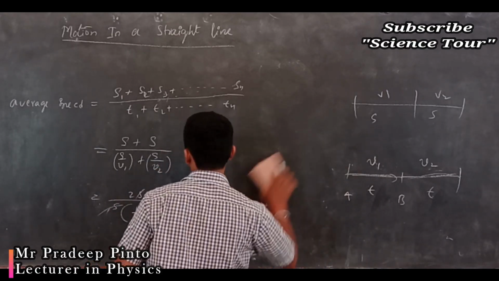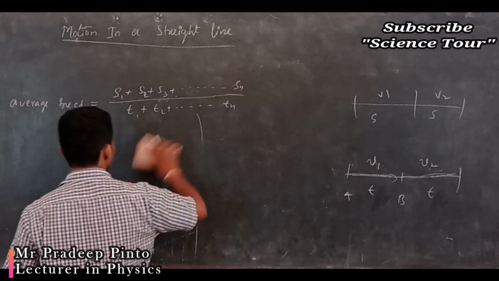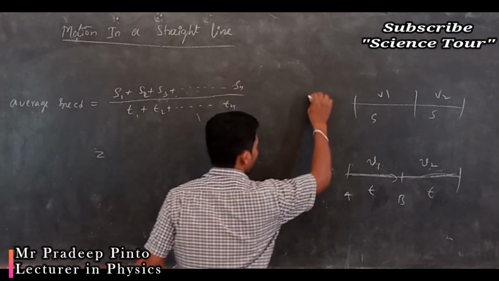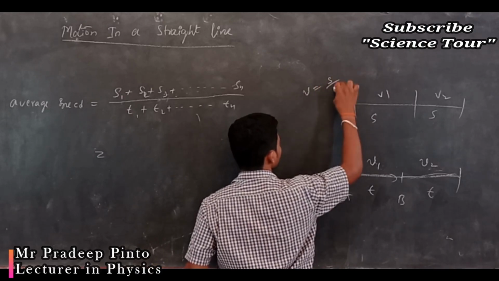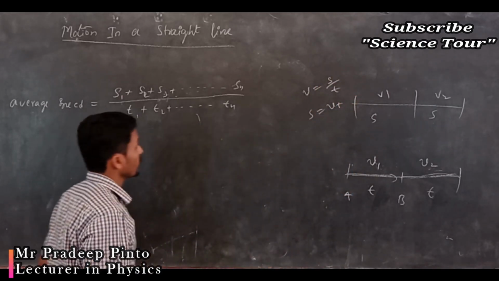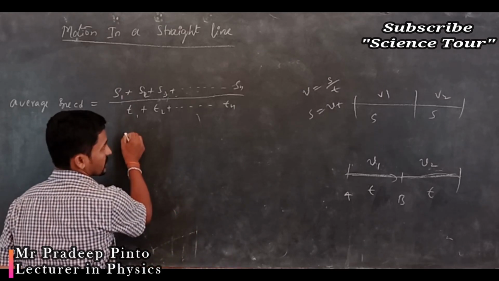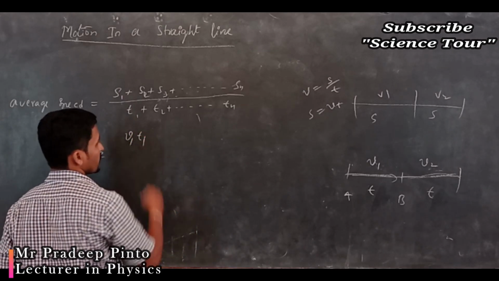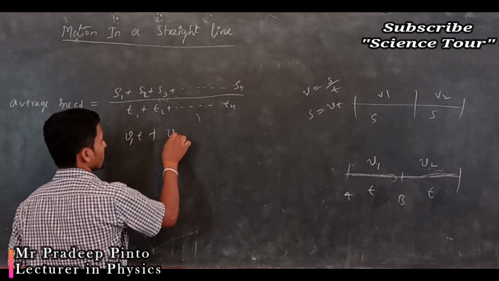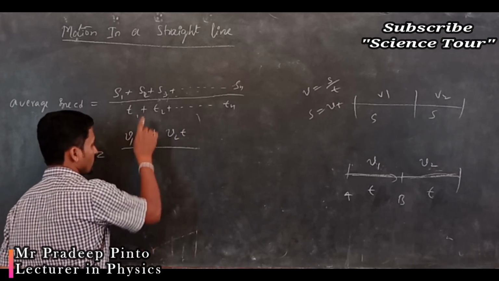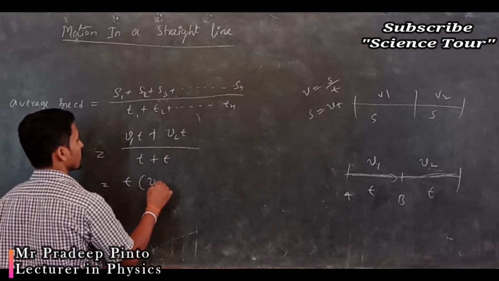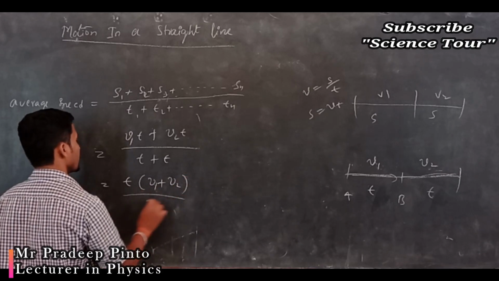How can you write that? S is not given, but velocity is equal to displacement by time, so S is equal to velocity into time. Now S1 is equal to V1 into T1, but T1 is nothing but T, plus S2 is equal to V2 into T, divided by total time T plus T, which is equal to T into (V1 plus V2) divided by 2T.